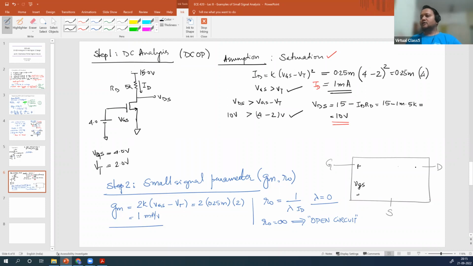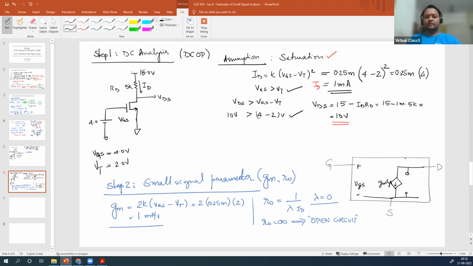Next step, GM VGS. Next step, R0. In this case, R0 is an open circuit because it is infinity. Then this is your equivalent circuit of the transistor. Remember, VGS, GM VGS, R0.